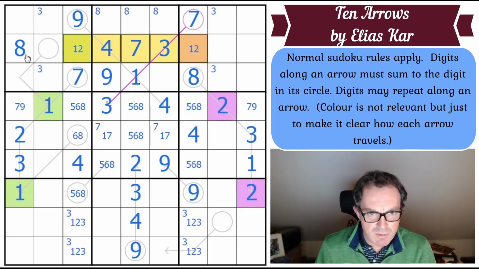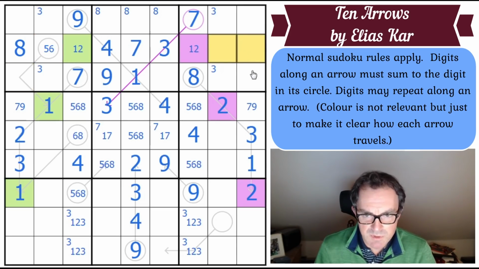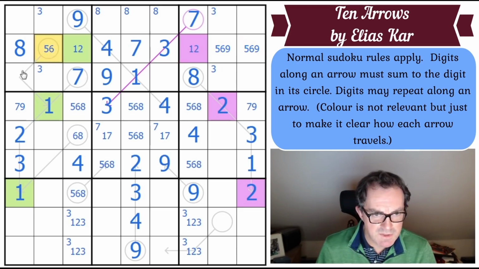So this row, we now need 5, 6, and 9. So this is a 5 or a 6, I think, only. We'll check this square in a moment. So 5, 6, and 9 in these squares. So this square has to be 4 or 5. Oh no, it can be either. Okay, that's probably not what we're meant to do next then.